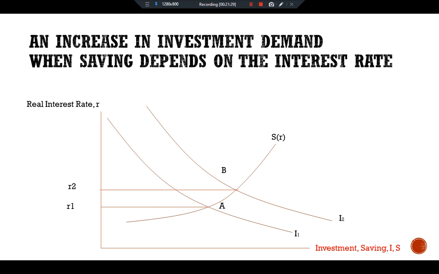When saving is positively related to the interest rate, the rightward shift in the investment schedule increases the interest rate and the amount of investment. The higher interest rate induces people to increase saving, which in turn allows investment to increase. So this is all about what brings the supply and demand for goods and services into equilibrium.